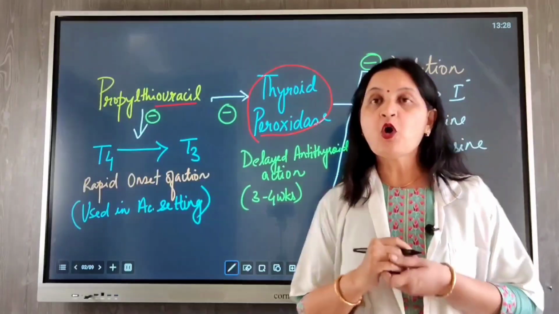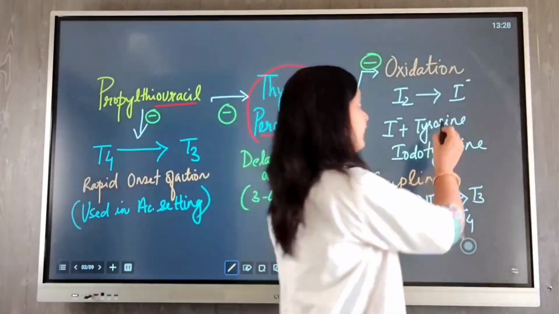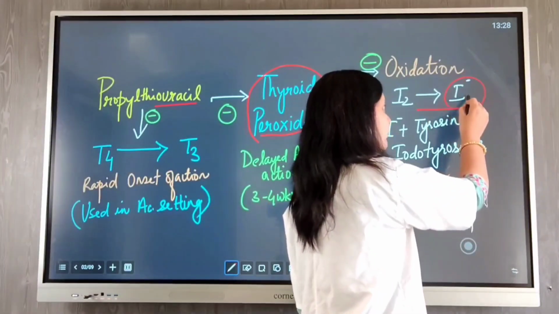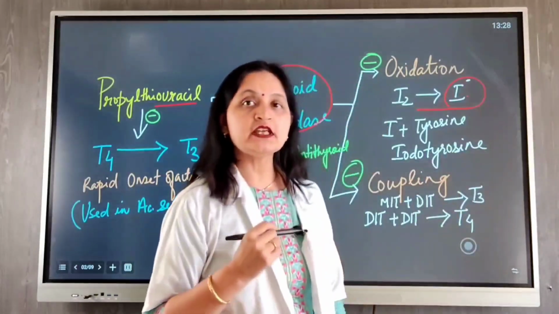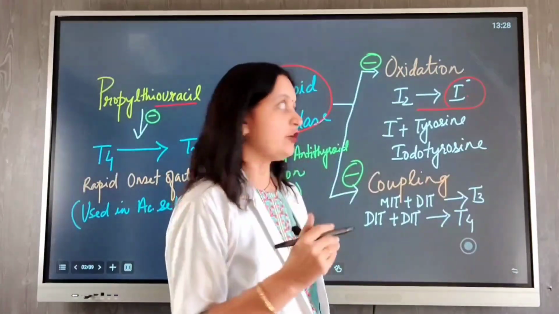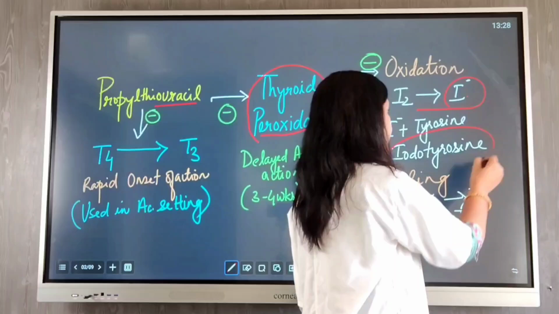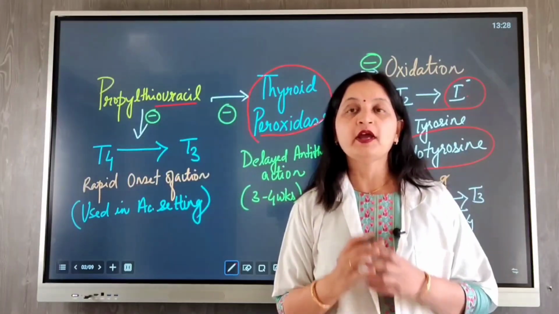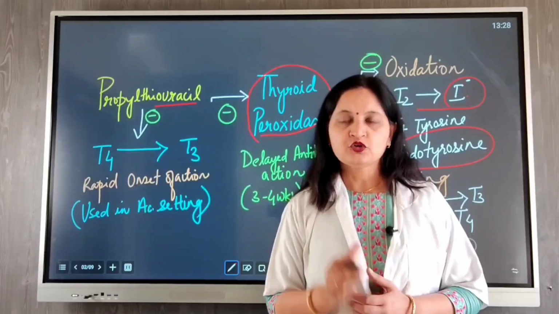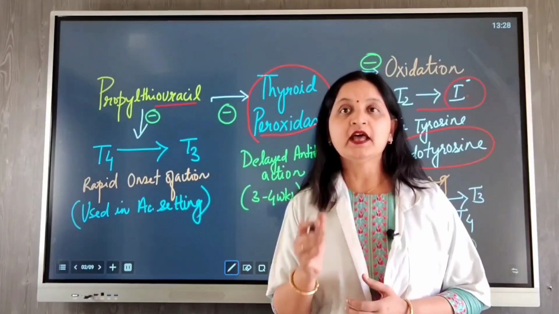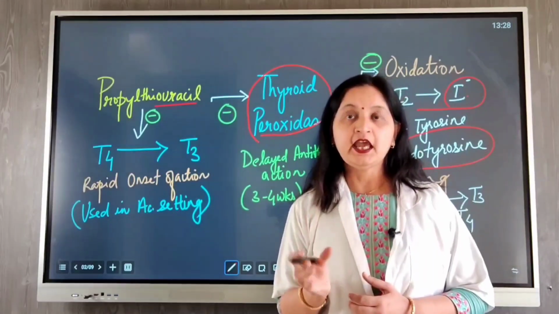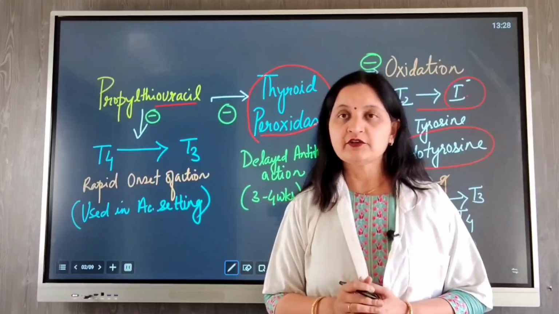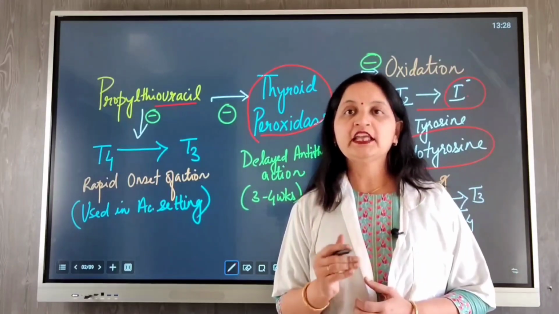The steps are oxidation, where iodide is converted to iodine. Iodine then combines with tyrosine residues to form iodotyrosine residues, and subsequently iodotyrosine residues couple together to form T3 and T4. So monoiodotyrosine combines with diiodotyrosine to form T3, and two diiodotyrosine residues combine to form T4.